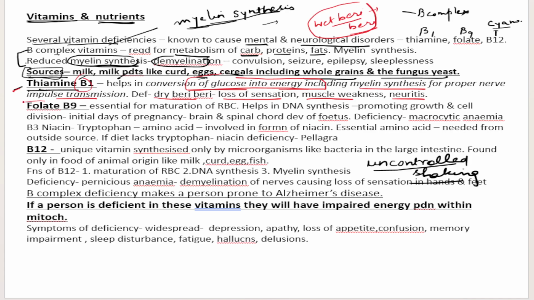Then we come to vitamin B9 or folate. Vitamin B9 is essential for the maturation of RBCs. We know that mature RBCs are non-nucleated. When RBCs are initially made, they have a nucleus, and these primitive RBCs having a nucleus are known as macrocytes.